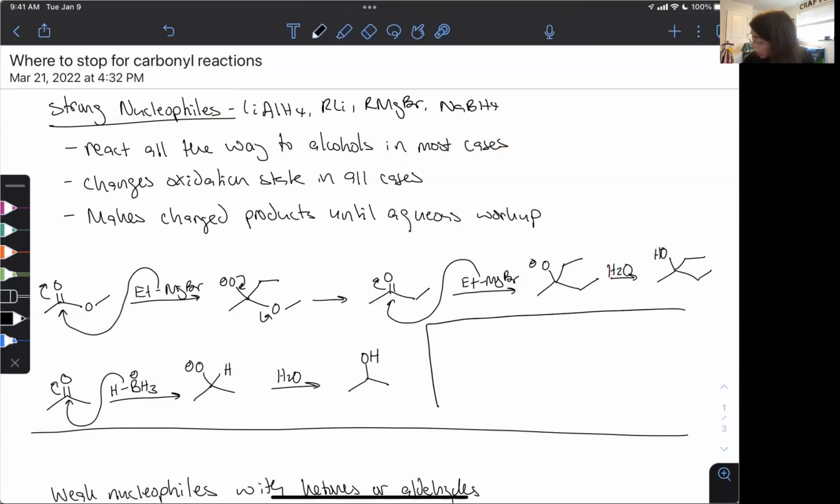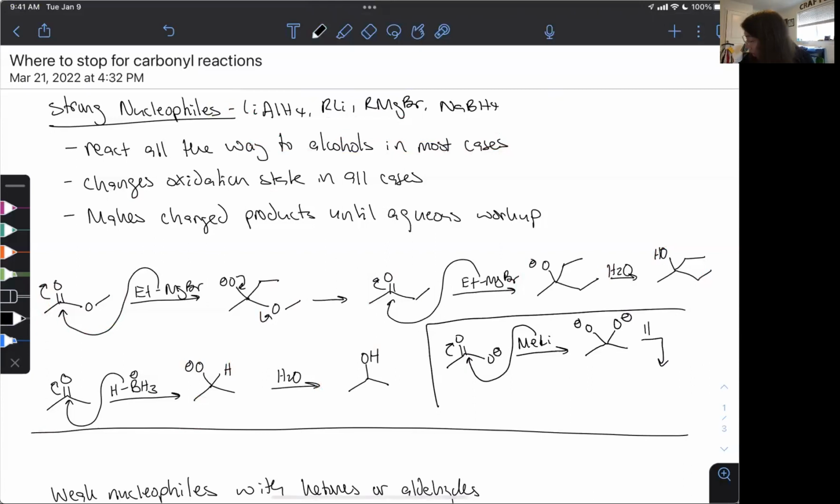Probably one of the big exceptions to that is if we have a carboxylate anion with an organolithium reagent, for instance. We know that the organolithium is strong enough still to attack that carboxylate anion. And so we end up at this intermediate with the two O minuses. We don't have any leaving groups here. So when we do this, that's pretty much the set point of our product.